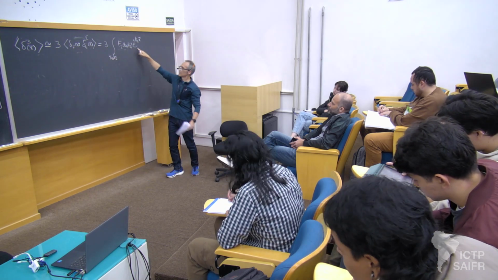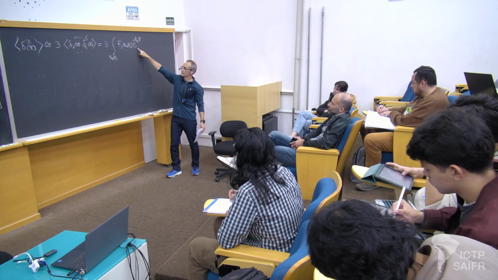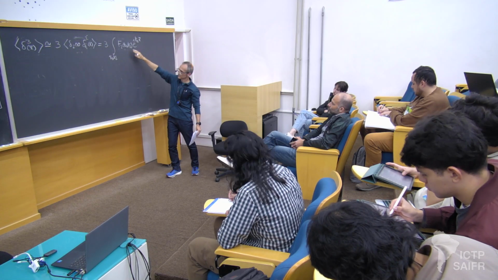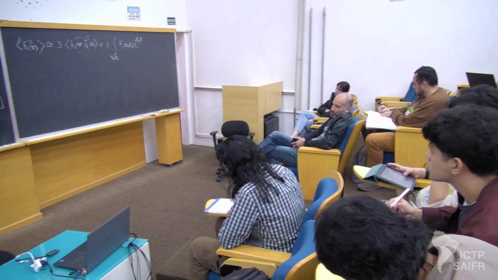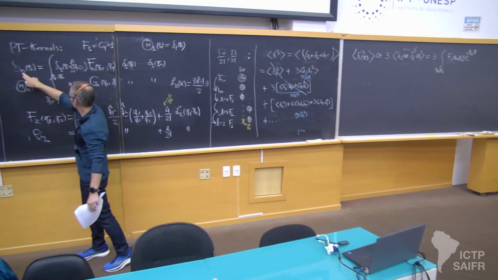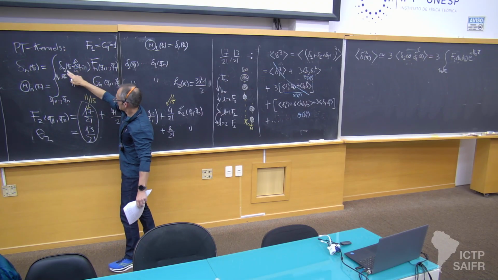So this thing is delta 2 at x, okay? If you remember my description of the kernels, I just need to Fourier transform this guy for n equals 2, with e to the ikx, and integrate over k.